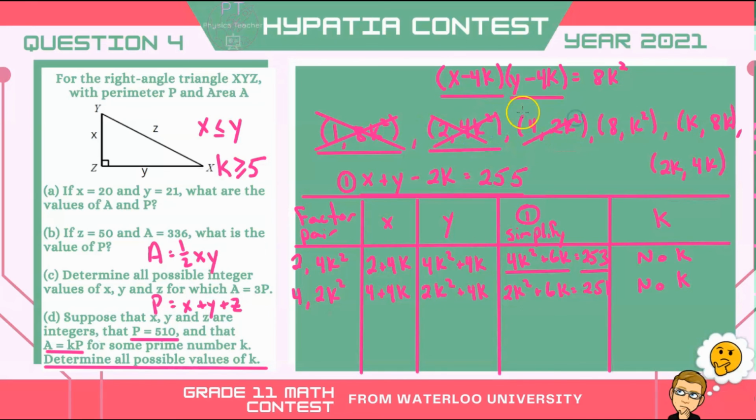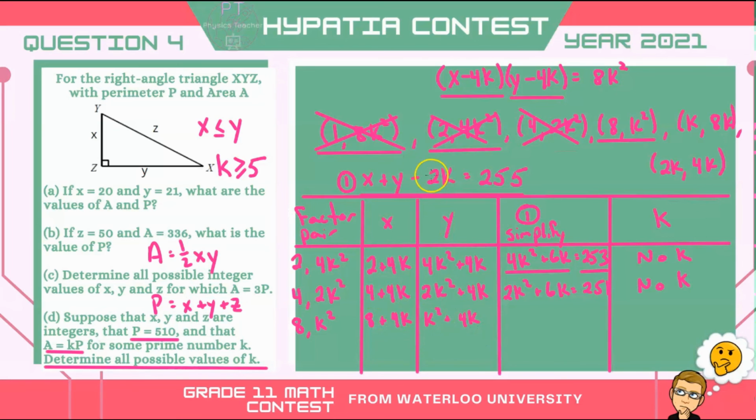Our fourth factor pair, 8 and k squared. All right, so if we solve for x, we get 8 plus 4k, and y is going to equal k squared plus 4k.